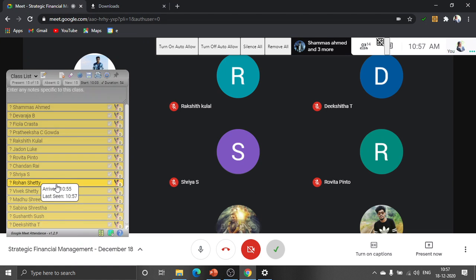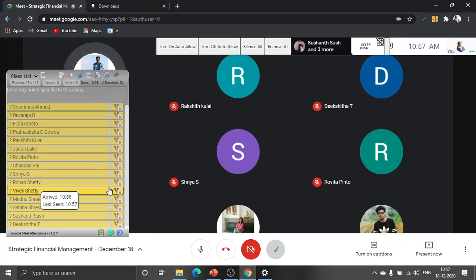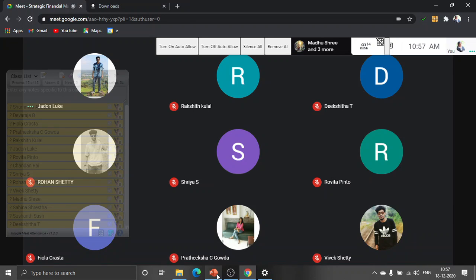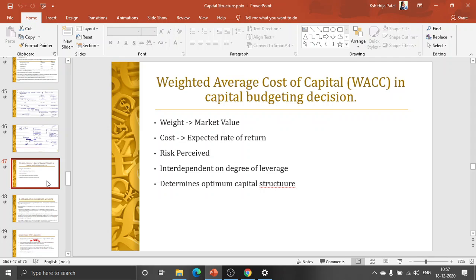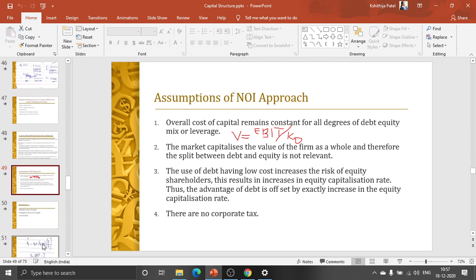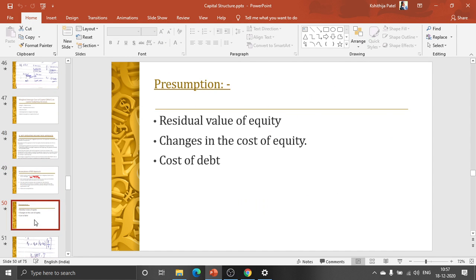Changes in cost of equity. Where was that? Presumption, second point. Oh, okay. Then there was some issue with the network, not with me.